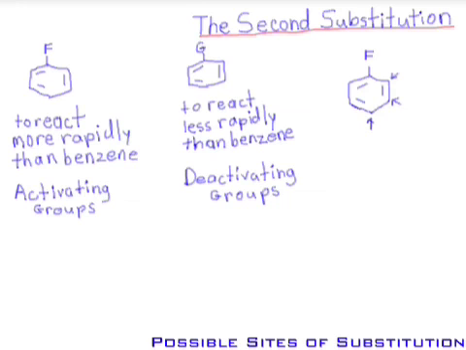It turns out that all activators are what we call ortho-para directors, because they can substitute here and here. Now, the percentage composition of the ortho and the para is not easily predicted, and so we don't attempt to do that.